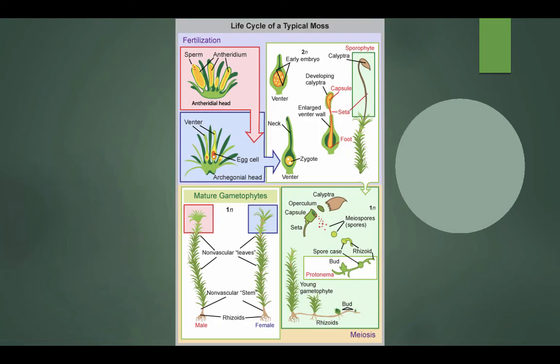So as you go through the lab for moss, and I'll show you, they are going to look at different pictures, and they're going to ask you to draw, say, the gametophytes and the sporophyte. And then they're going to ask you to identify the different male and female sex organs and identify where gametes are located and ask you if things are haploid or diploid.